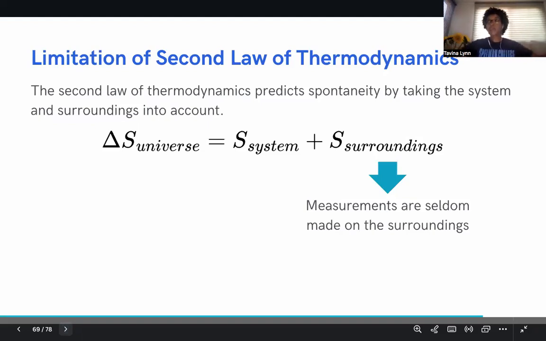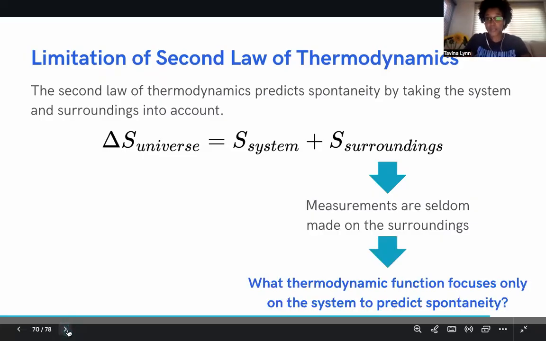How do we make measurements on the surroundings, when it's literally everything outside of our system? How can we even define everything outside of our system accurately? And then it's challenging to make measurements on those surroundings. So they're seldom made on the surroundings. So this is a limitation of the second law of thermodynamics.